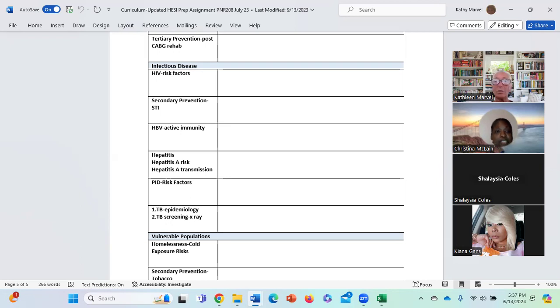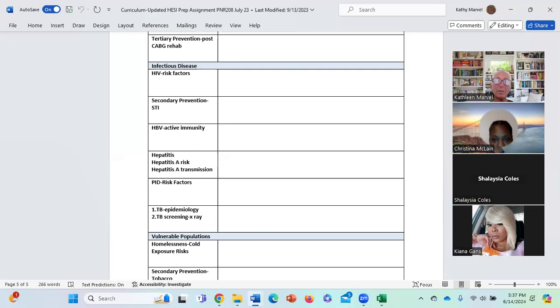What kind of interventions are in secondary? Screening. Give us some examples of a secondary prevention for STIs. Blood test, like when you're testing. Yeah, screening. Exactly.